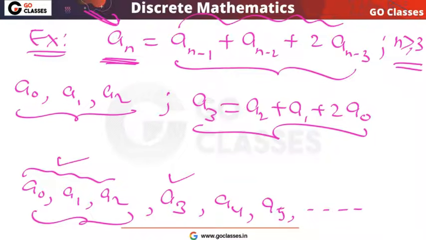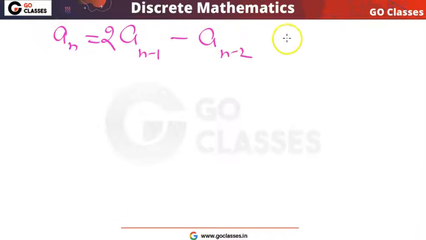Remember, if initial conditions are not given and only the equation is given, then we can get many different sequences. For example, only the equation is given to you, twice of a(n-1) minus a(n-2).